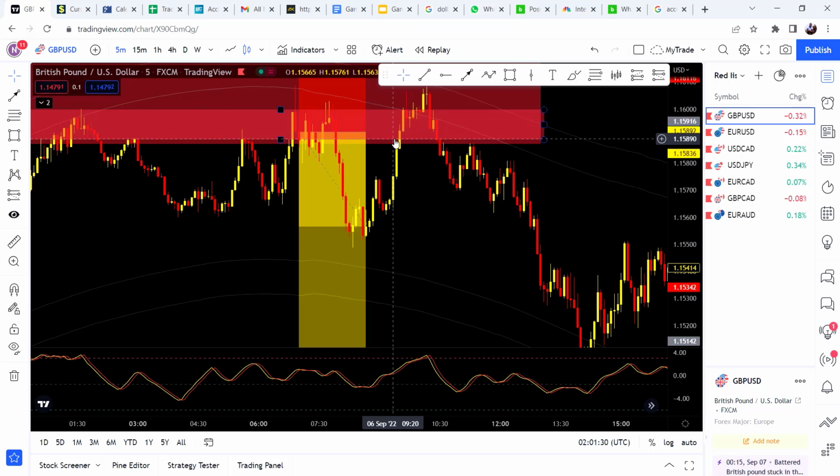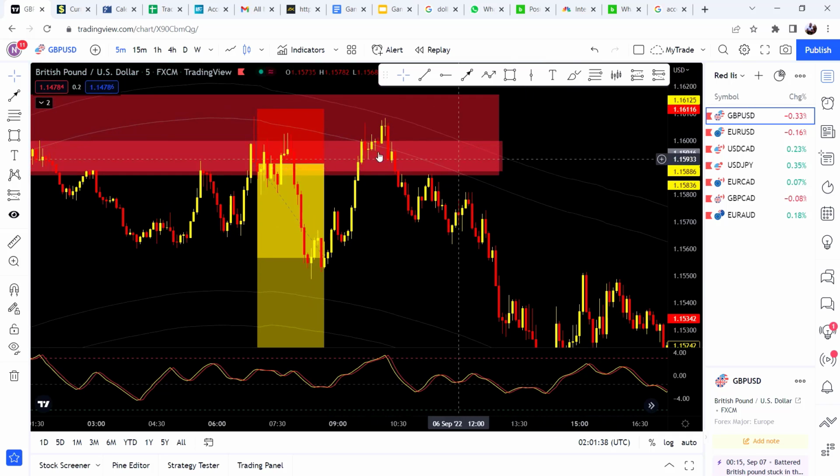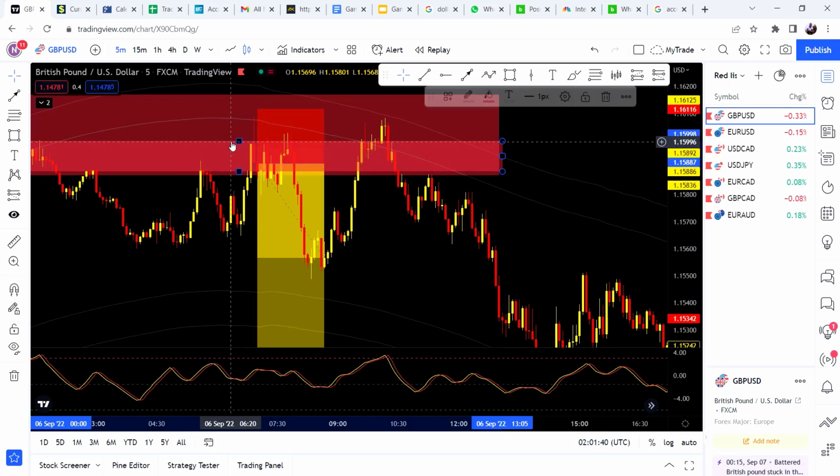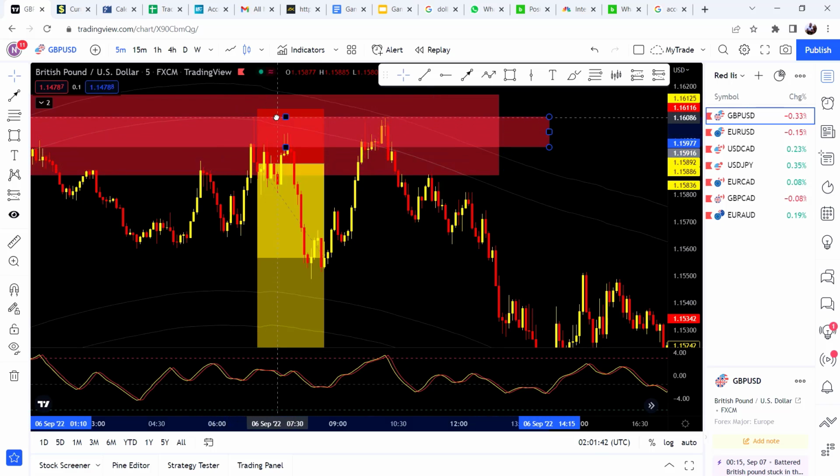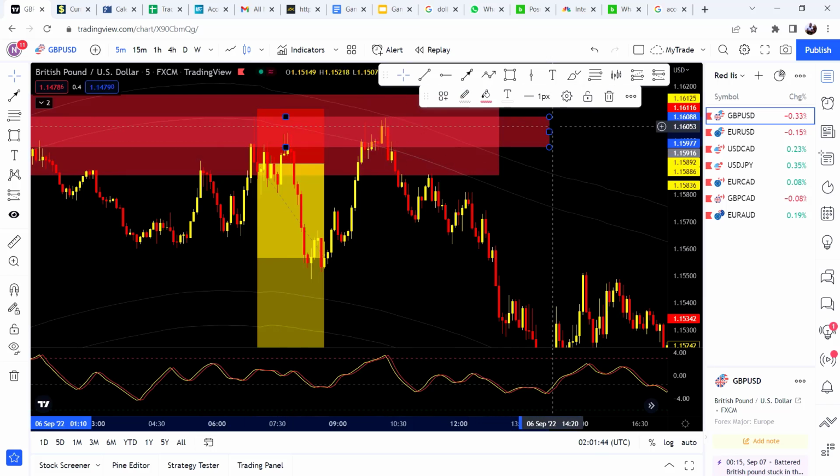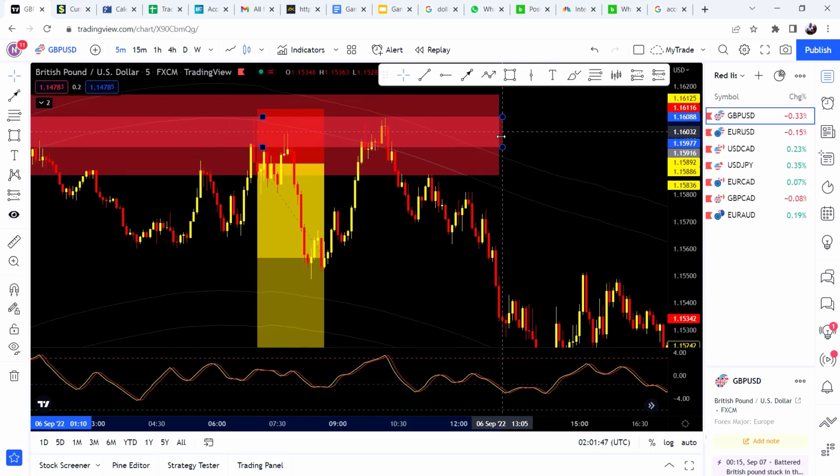And I was at break even. Price came back and took me out. So that was nice. I was also targeting the wicks here. I moved the zone to this place and targeted the wicks over there.